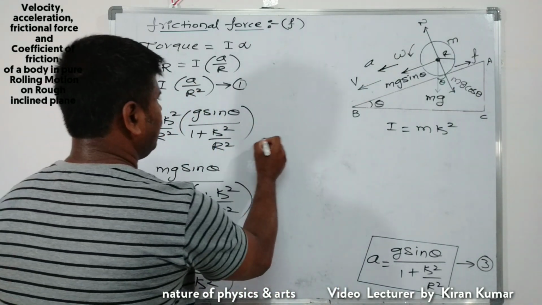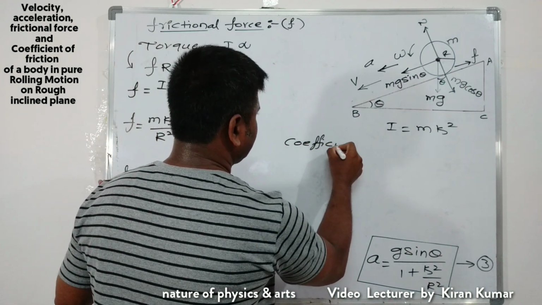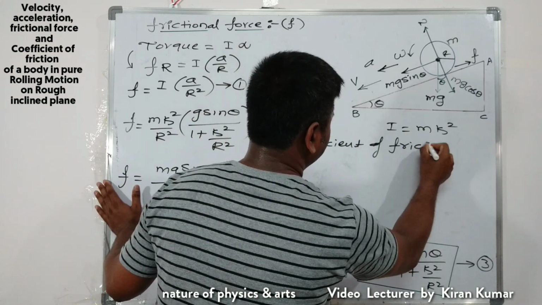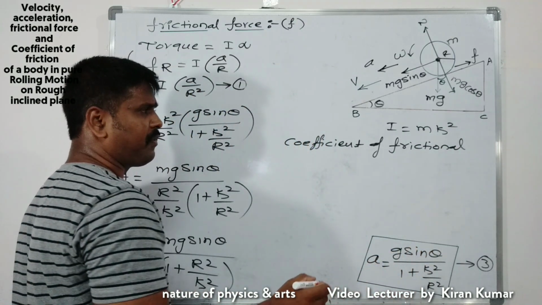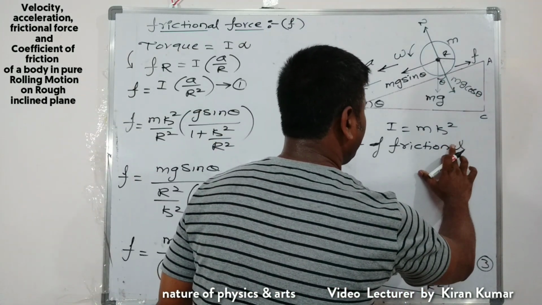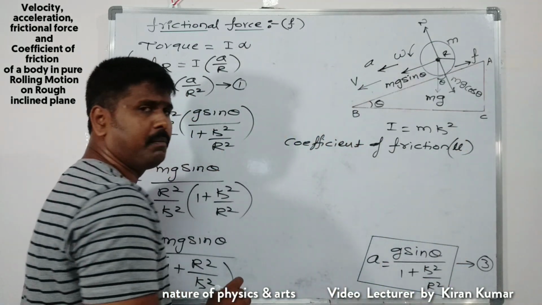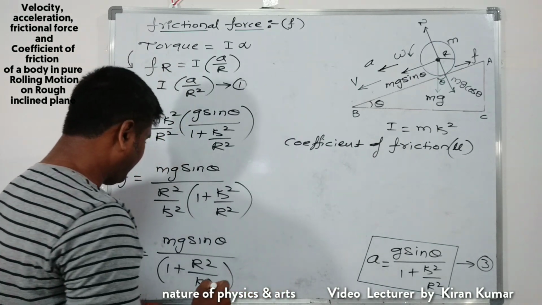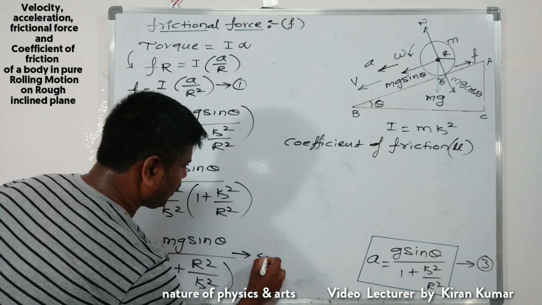Continuing, we can find the coefficient of friction, which is indicated by the letter mu. We have to find the coefficient of friction mu from equation number 4.